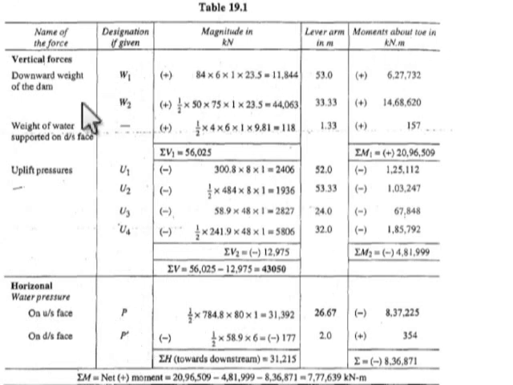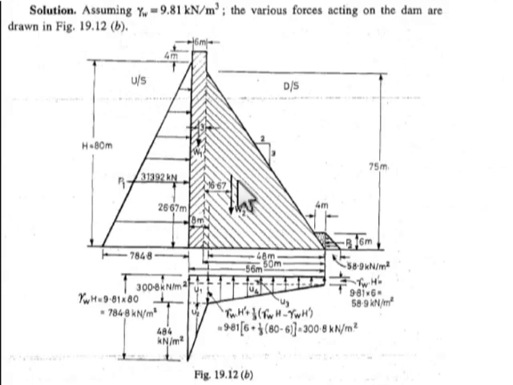Now, how to calculate these magnitudes? Let's talk about them one by one. This is W1. How do you calculate this W1? You just calculate this volume and multiply it with the density of concrete, and you will get W1. Let's see, what is the height of this?